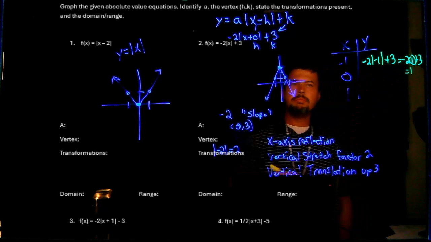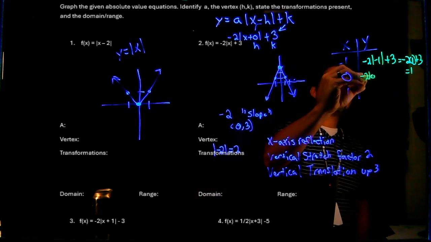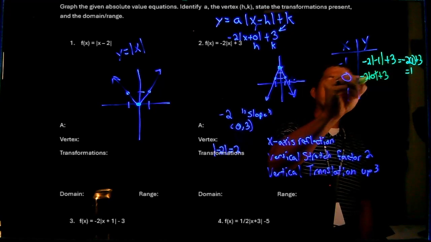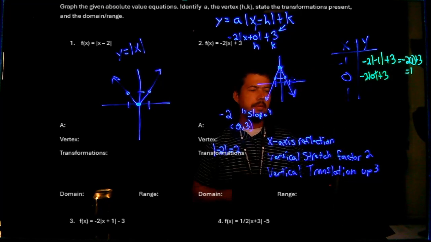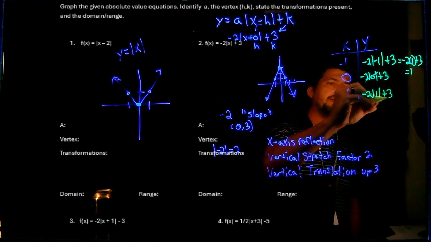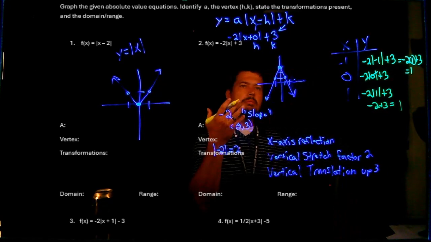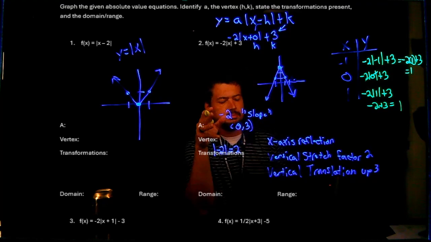You get 1. Plug in a 0. Negative 2 times the absolute value of 0 plus 3. Well, anything times 0 is 0, so there's your 3. Plug in a 1. Negative 2 times the absolute value of 1, add a 3 back. We'll have negative 2 plus 3, which is 1. So that's the math behind those points, okay?